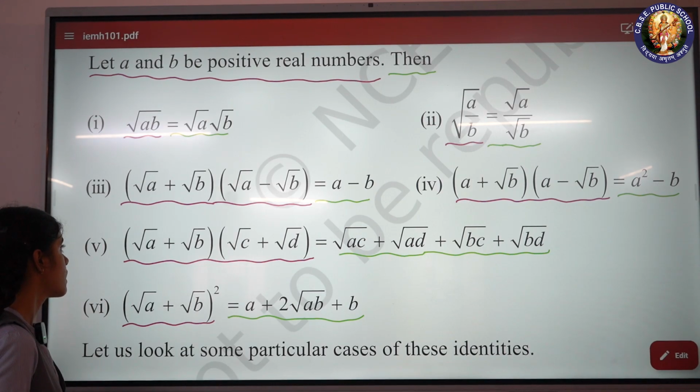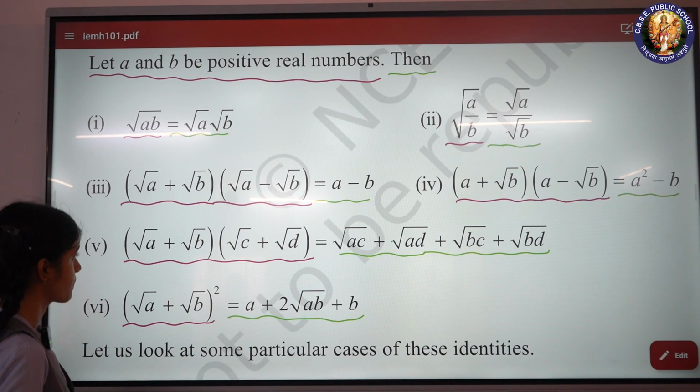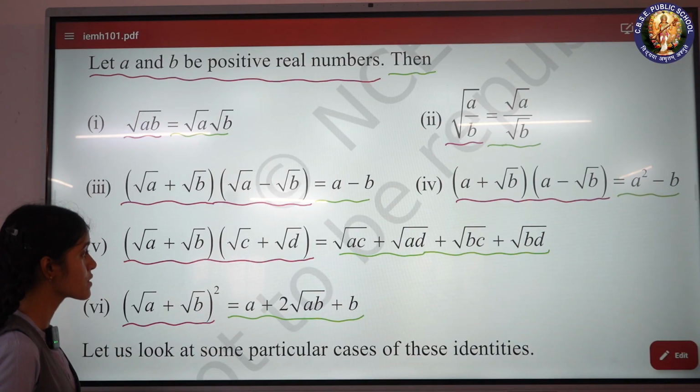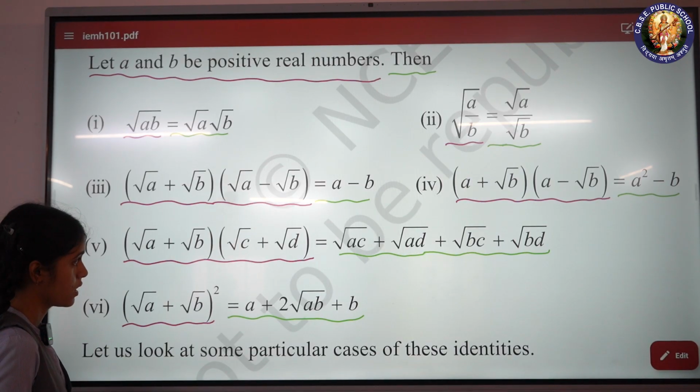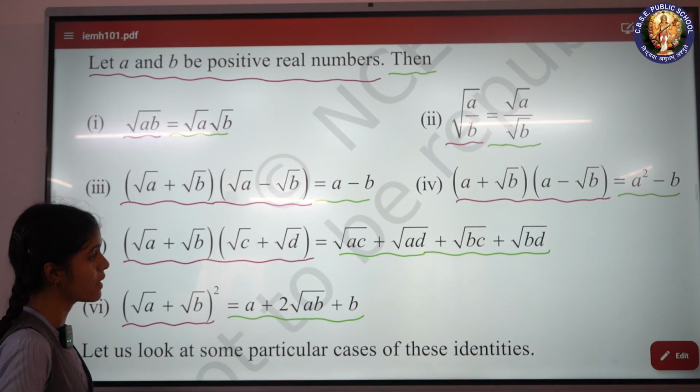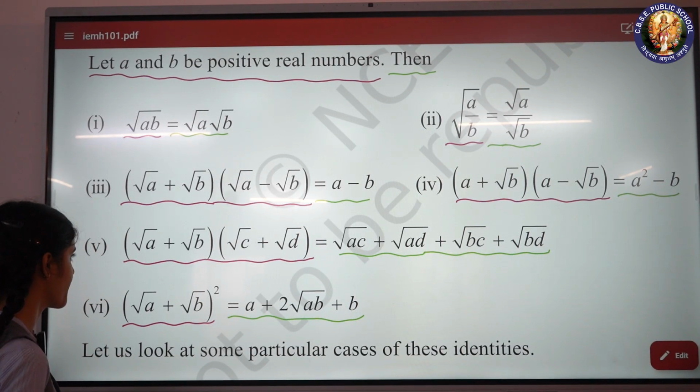Fifth, (root a plus root b) into (root c plus root d) is equal to root ac plus root ad plus root bc plus root bd.